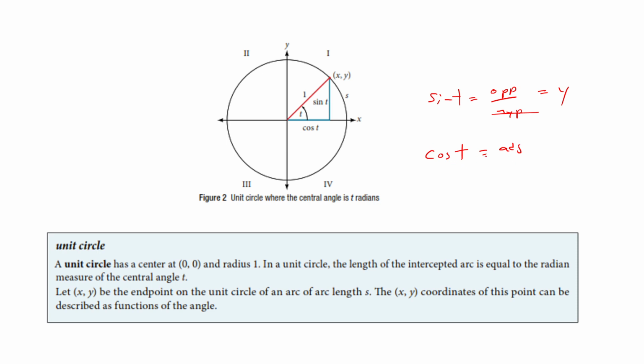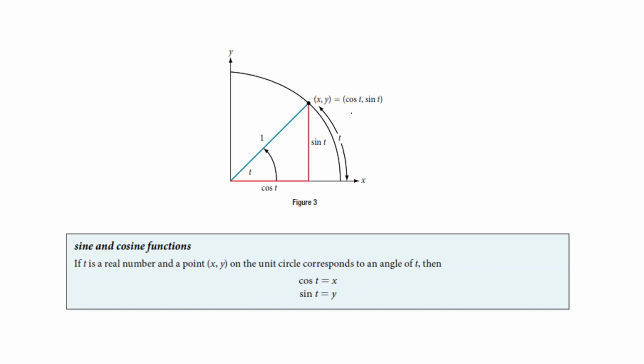So cosine is going to equal the adjacent. The way we put this in the triangle, the adjacent is always going to be x. So the values x, y along the outside of this circle are really the same thing as cosine of t, sine of t, whatever that angle is. Do you follow that logic? It's super important.